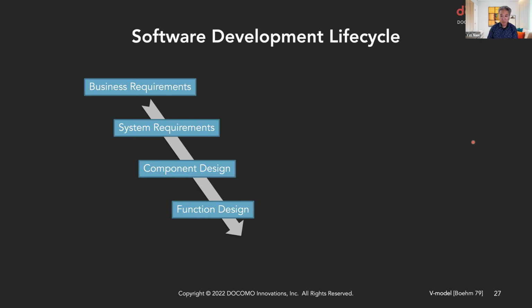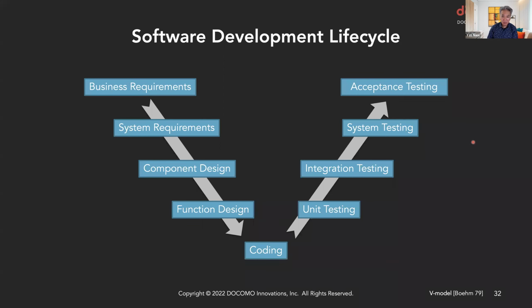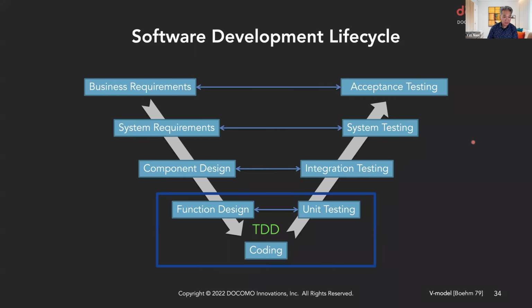After that, we proceed with the function design, then coding. On the other side of the design phases, we have unit testing, integration testing, system testing, and acceptance testing. Those design and testing phases correspond to each other like this.